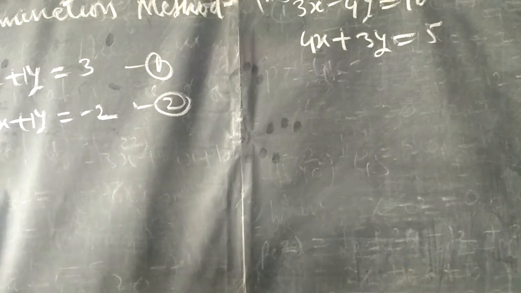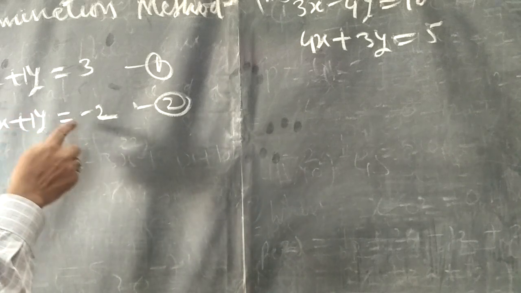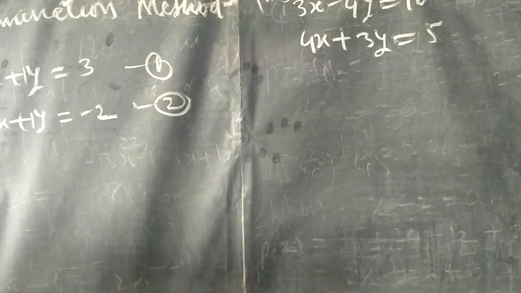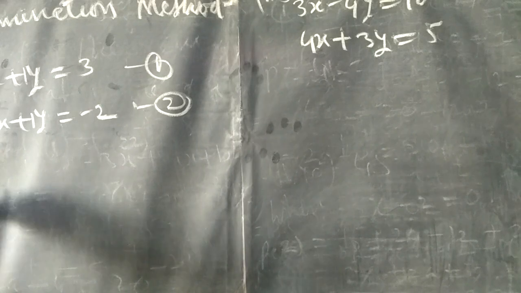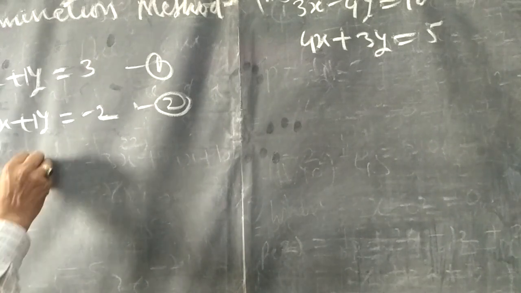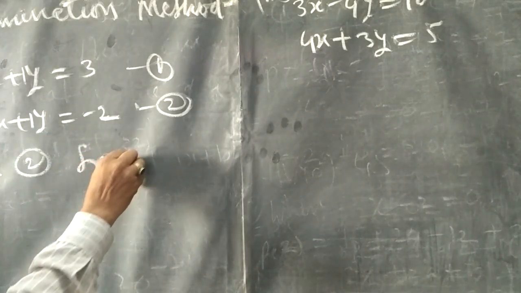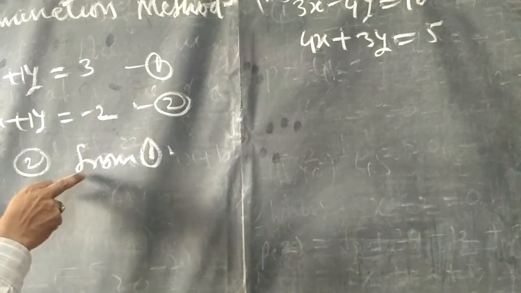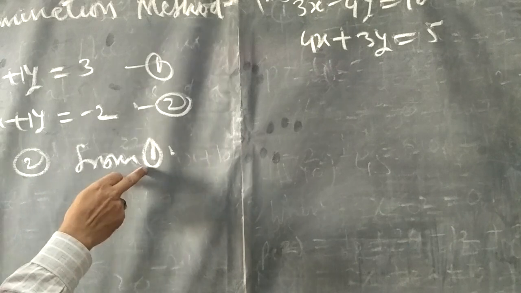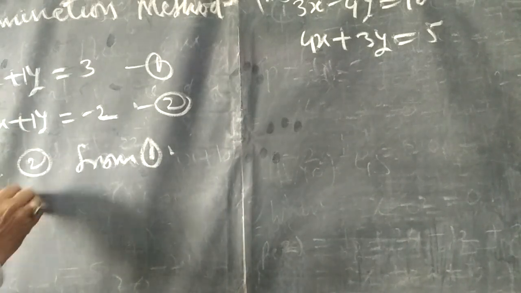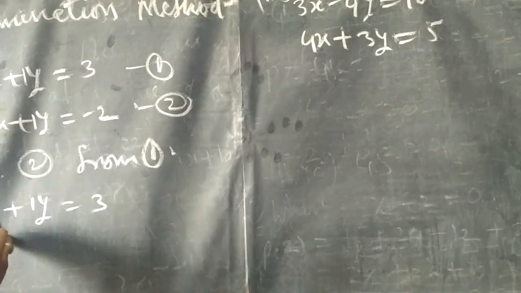Either add or subtract 1 from 2, or 2 from 1, as per convenience. So we are subtracting 2 from 1. First I have to write 1: x plus 1y equal to 3.